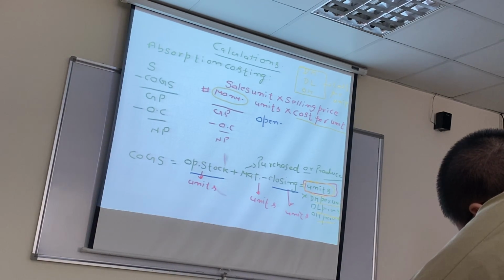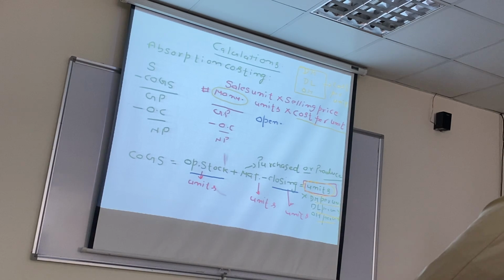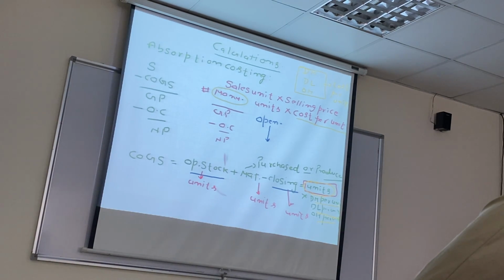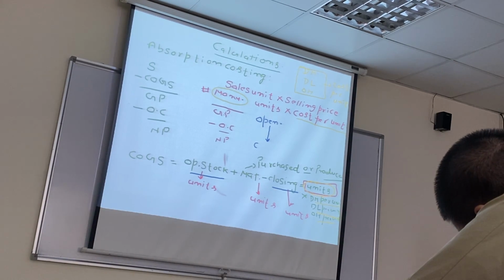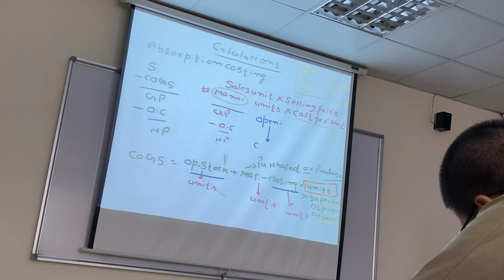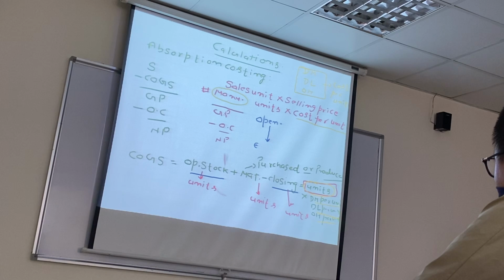When we start production, start manufacturing, whatever units we have to start production, that's called opening. And whatever is left at the end of the period, production is finished, we already sold, and whatever is left, we call it unsold or unproduced or unused.